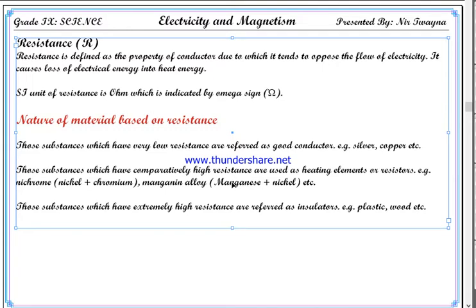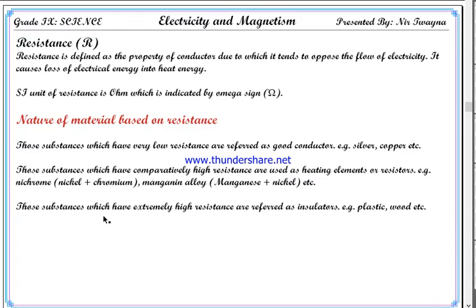Such materials are known as heating elements or resistors or even semiconductors, which are used for making heating elements or resistors. Some examples are nichrome, which is an alloy of nickel and chromium, and manganese, an alloy of manganese and nickel.